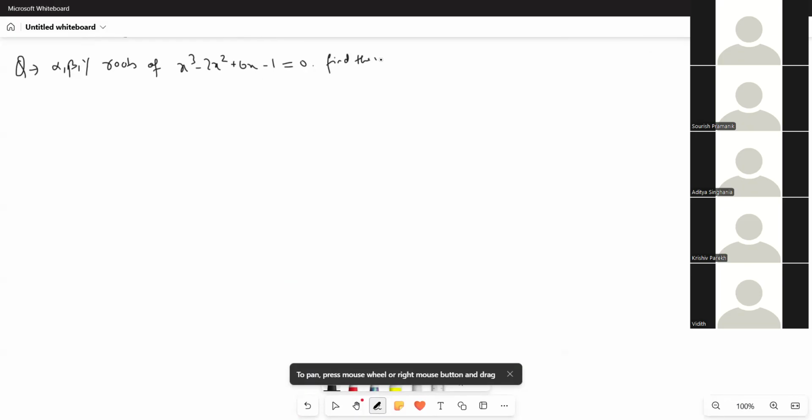Then find the value of alpha times (alpha square plus alpha plus 1) by (alpha square minus alpha plus 1) plus beta times (beta square plus beta plus 1) by (beta square minus beta plus 1) plus gamma times (gamma square plus gamma plus 1) by (gamma square minus gamma plus 1). If alpha, beta, gamma are the roots, then find the value of this expression.